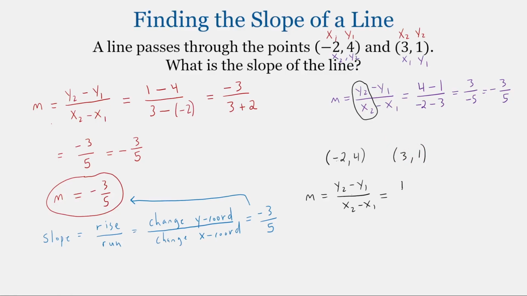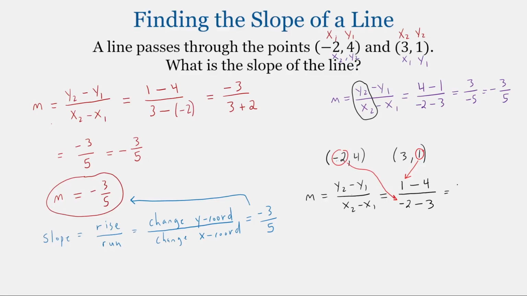So that gives us 1 minus 4. Again, for y sub 2, I picked 1. But if by mistake, instead of grabbing the 3 for x sub 2, I grab that negative 2, we now have negative 2 minus 3. So we grabbed the wrong coordinate when we were using this formula.